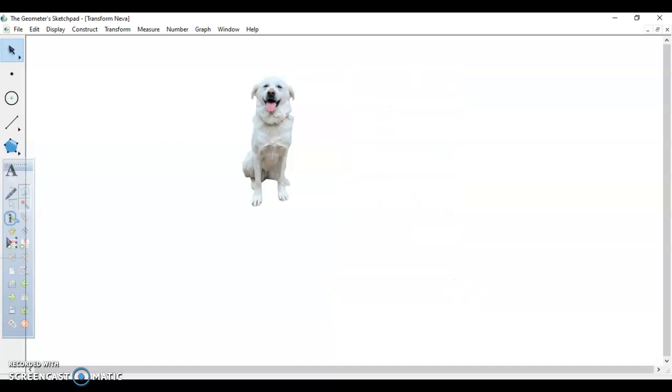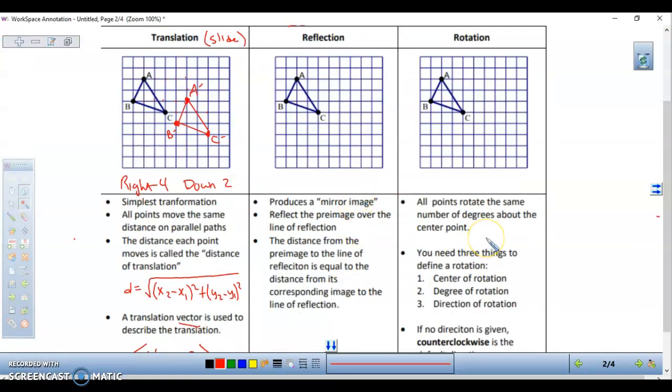So let's do that with this triangle in this diagram. I need a line of reflection, so maybe I'll put one that's 1 unit to the right of C there. And I'm just going to reflect over that line. So if C is 1 to the left of that vertical line, C prime will be 1 to the right. If B is 1, 2, 3, 4 to the left, then B prime is going to be 1, 2, 3, 4 to the right.